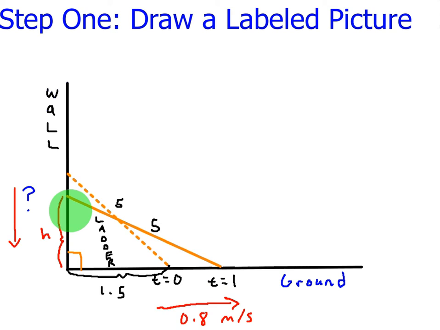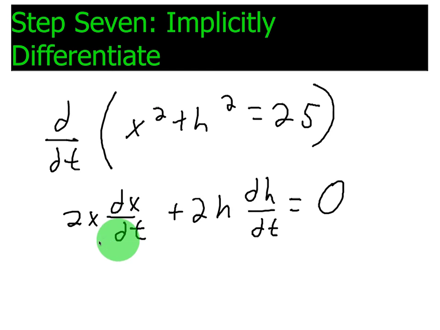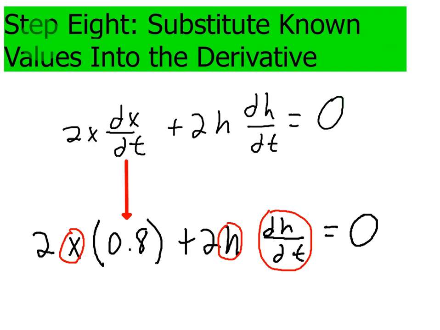So there's one easy practical application, safety. But anyway, for step 7, this is what we got when we implicitly differentiated: 2x dx/dt, dx/dt being the rate at which it moves away from the wall, plus 2h dh/dt, the rate at which it's falling, is equal to 0. So for step 8, what can we plug in that we know?